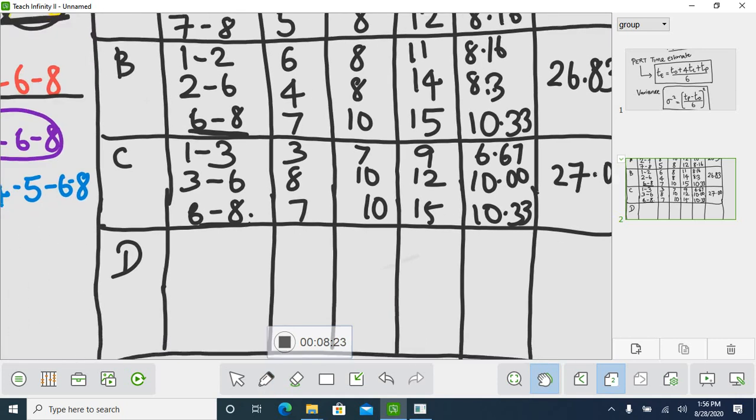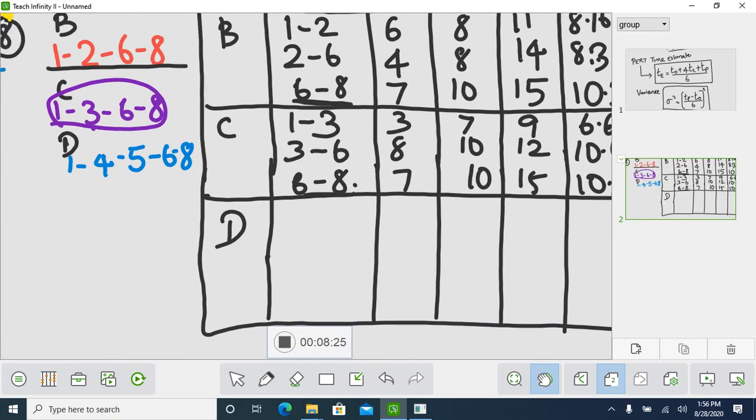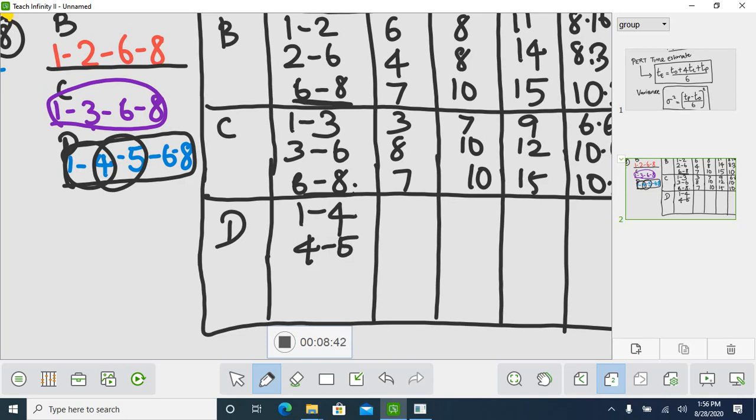Next is path D. You have seen it already. So this is your path D. We have to write 1 to 4 as one activity, 4 to 5 as another activity, next 5 to 6, and next 6 to 8. 6 to 8 is coming in path B, path C and path D also.